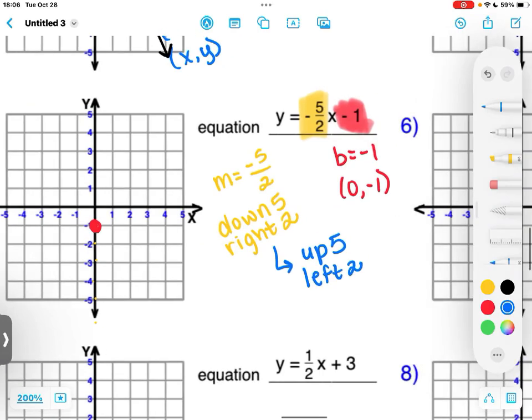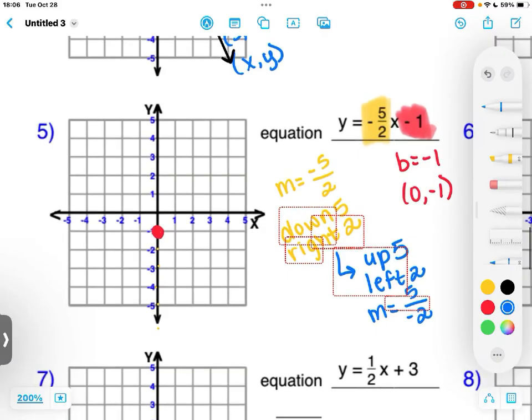This would give me the exact same slope. This would be m equals +5 over -2, which is the exact same thing as -5 over +2. So I'm staying on the graph. I'm going to go up 1, 2, 3, 4, 5 units, and to the left 1, 2.